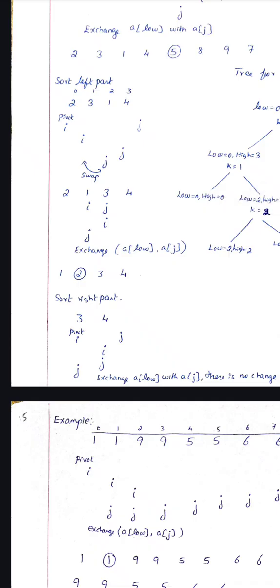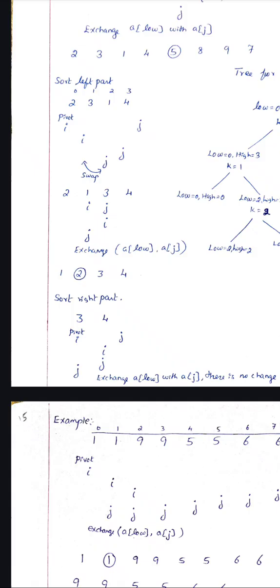Again pivot element as 2. Is 2 less than 3? Yes, true. Is 2 less than 1? No. Then is 2 greater than 4? No. So this will occur as: is 2 less than 3? Yes, it is.